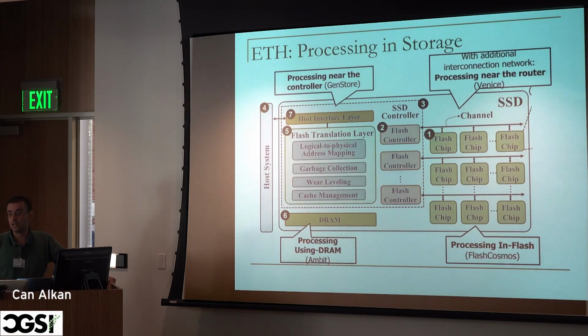ETH is doing a lot. Out of those 40, 35 of them are from ETH. They are doing different things, and they are also working on in-storage processing. In SSD disks, for example, there's a controller in every SSD, so they are also using the controller to accelerate computation. They also do what is called processing in flash.